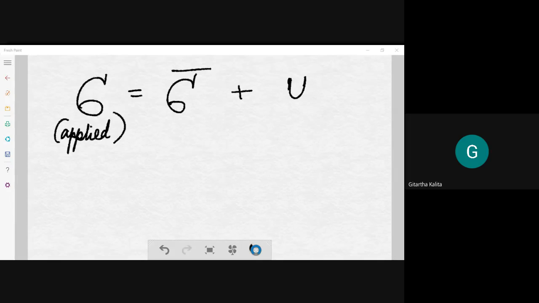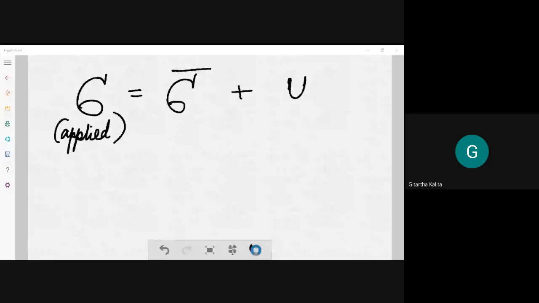Then you revise, and then I will relate to this equation. 30 seconds.